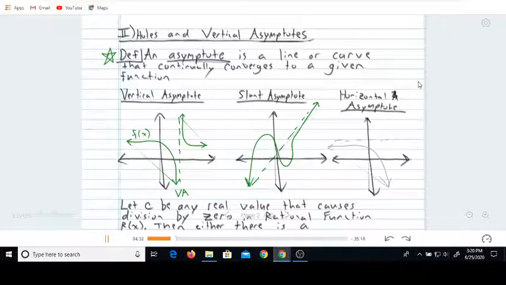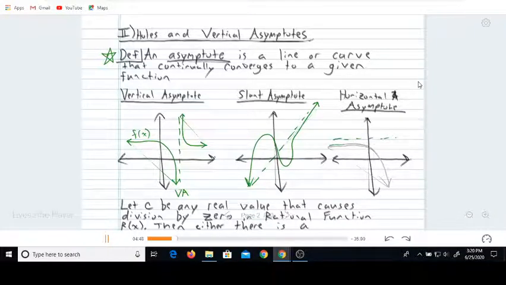It will get infinitely close to that asymptote as x moves to infinity. So as we keep reading towards the right, that function is going to continuously converge to the asymptote. That's what makes the asymptote an asymptote. Then you've also got horizontal asymptotes.